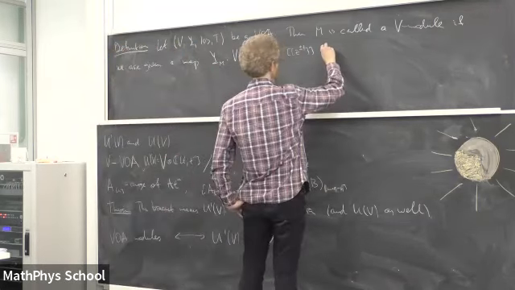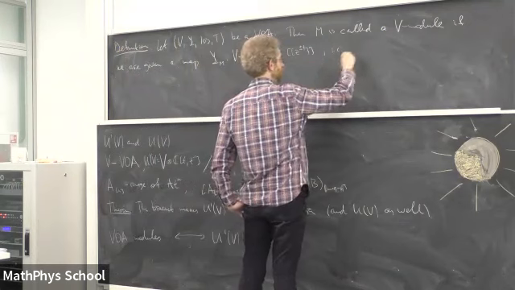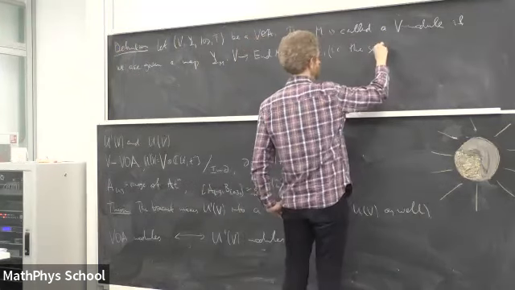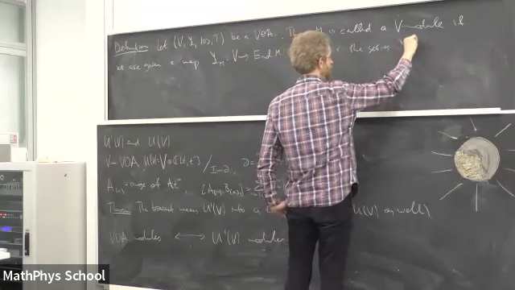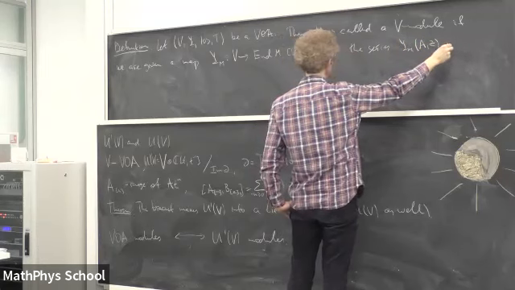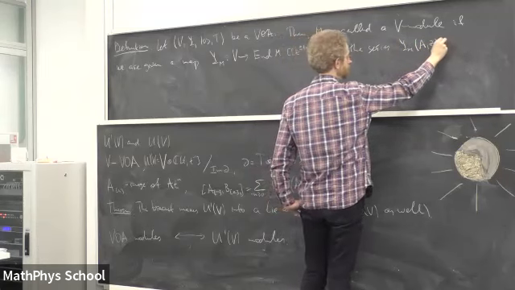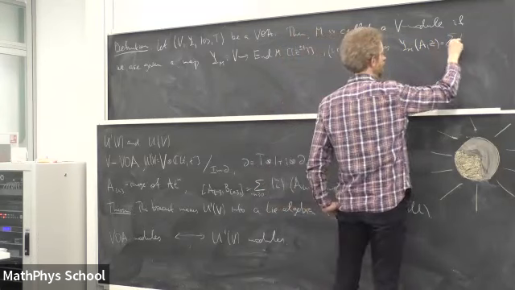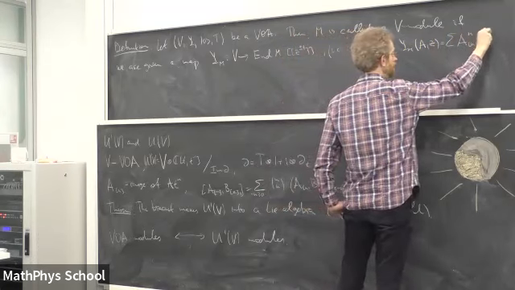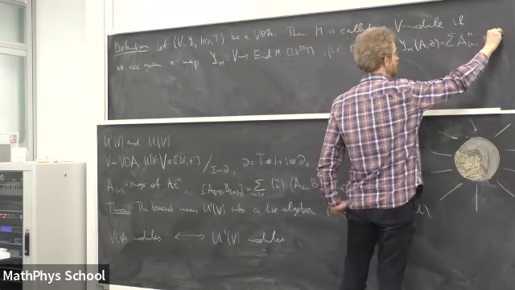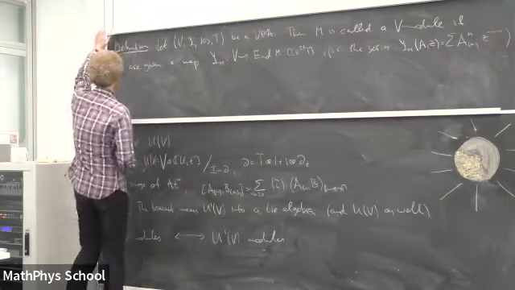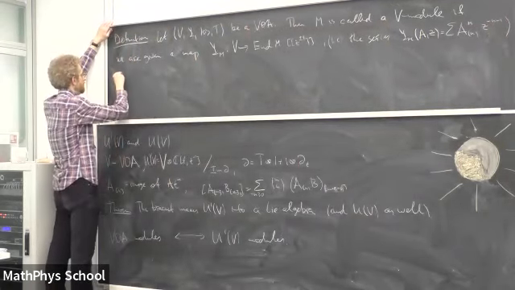So in other words, we're given the series Y_M(a, z), the sum of a_n^M z^{-n-1}, with the following properties.